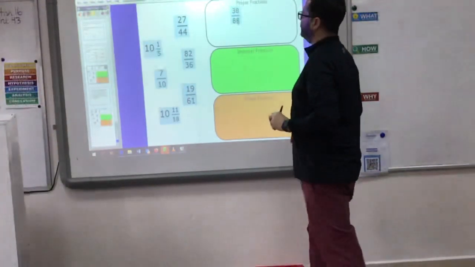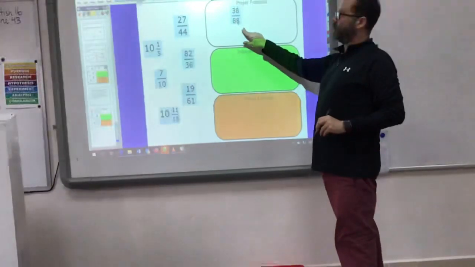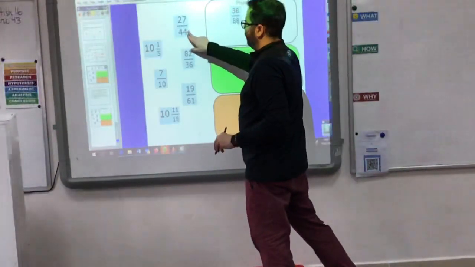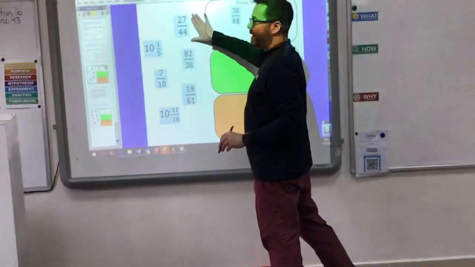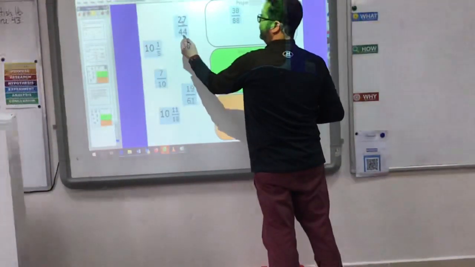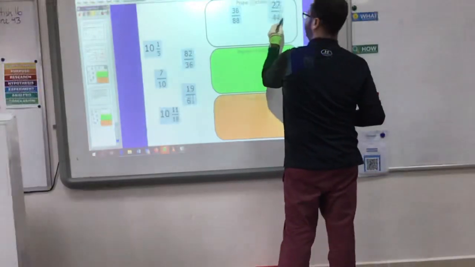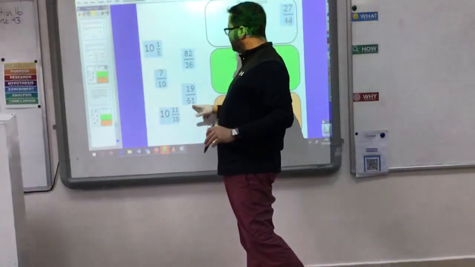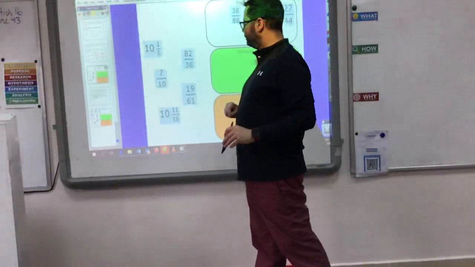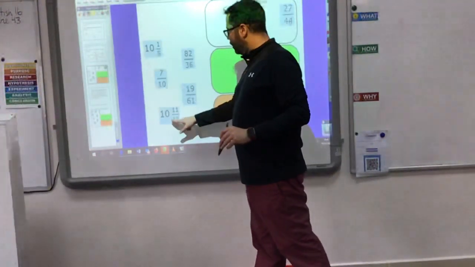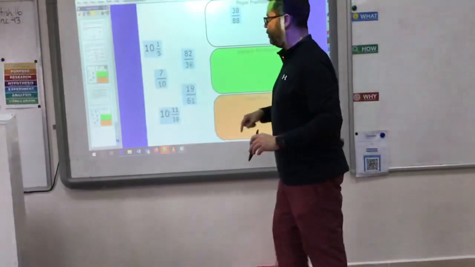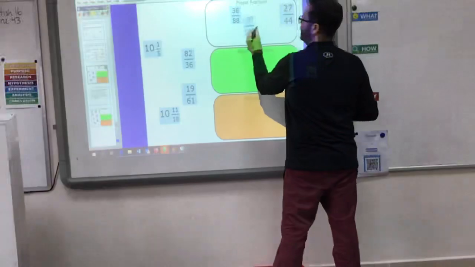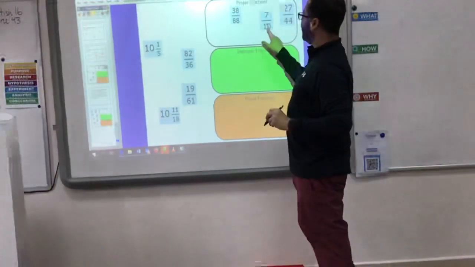The numerator is smaller than the denominator. 27/44, simple fraction. Numerator smaller than the denominator. That has to be a proper fraction. Looking at the rest of these, no. There we go, another one. 7/10, that's a simple, straightforward fraction. Numerator smaller than the denominator. That has to be a proper fraction.